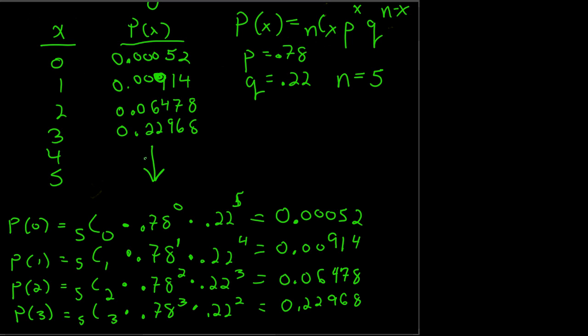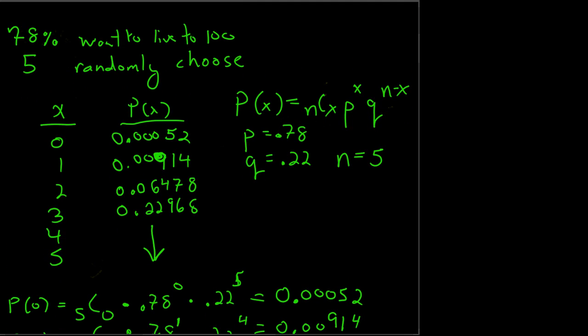The thing on this problem is A, get comfortable with your calculator form for this, and B, make sure that we can recognize that it's a binomial distribution. Our chance of success is the same. We have a limited number of trials, and we have our probability distribution that falls out from that. And doing my last one here, or second to last one.